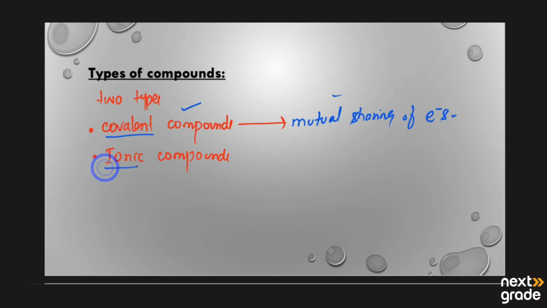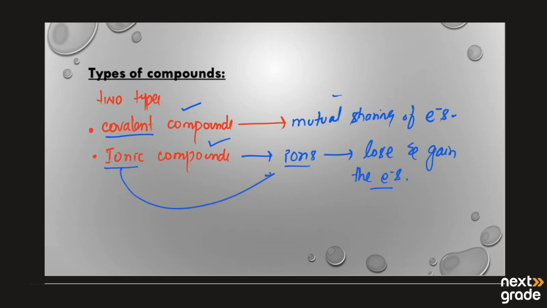On the other hand, ionic compounds are made up of ions, and ions are formed when one atom loses and the other atom gains electrons. So the compounds formed are known as ionic compounds, formed by the loss or gain of electrons.